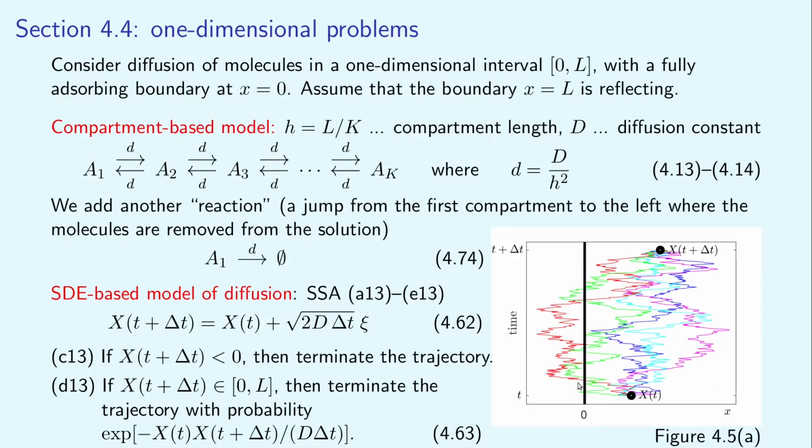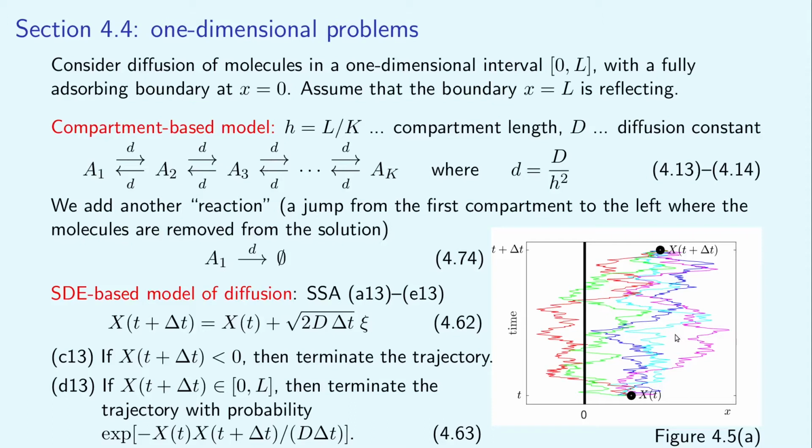You can see that the red realization and the green realization cross the boundary x is equal 0. So these trajectories would be terminated if we used a smaller time step, while the other trajectories stayed in the domain.